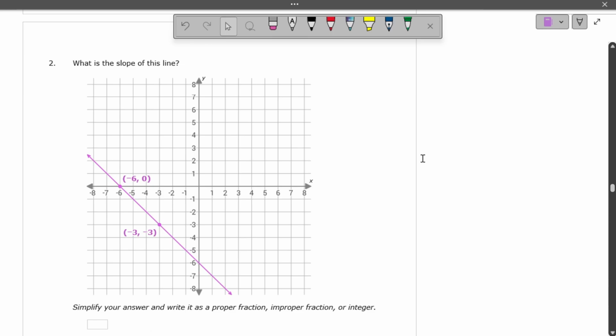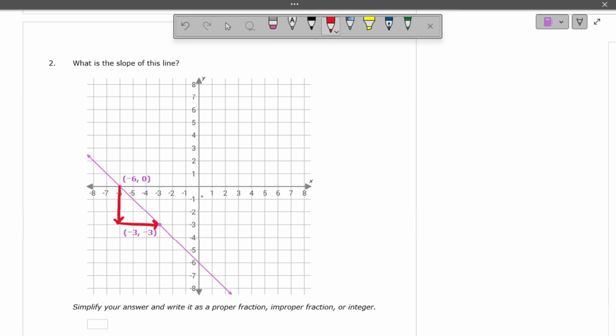Scrolling on down, we have another slope problem. We can do the same thing. We can actually just count the spaces if we wish. And again, be careful of the scale of our x and y. It looks like both x and y, each box is worth 1. So if we draw our triangle, we're going down and over.